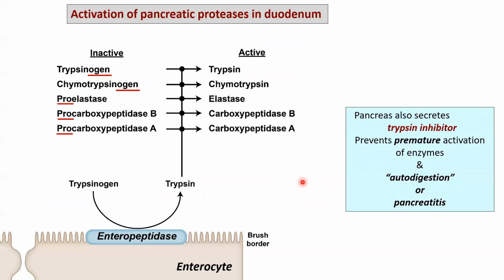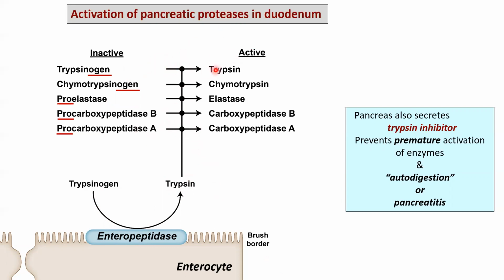How are they activated? You're moving them into the duodenum now, so you have to activate them from the zymogen form. There's a brush border peptidase called enteropeptidase, and it'll cleave trypsinogen to trypsin. Now that's the key over here. Once trypsin is active, it'll activate all the other ones.